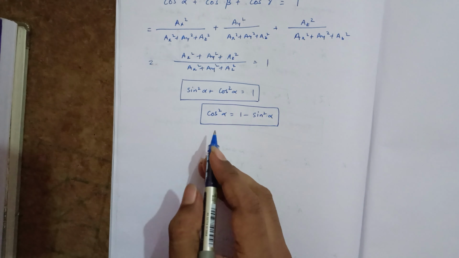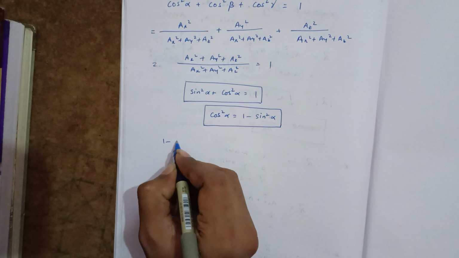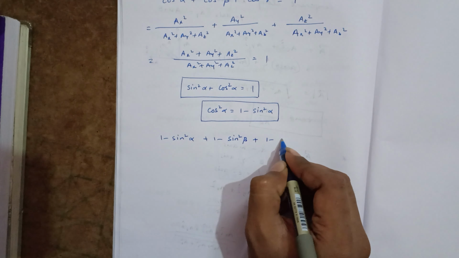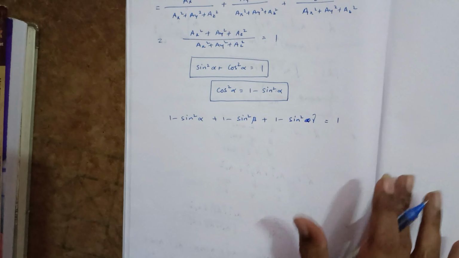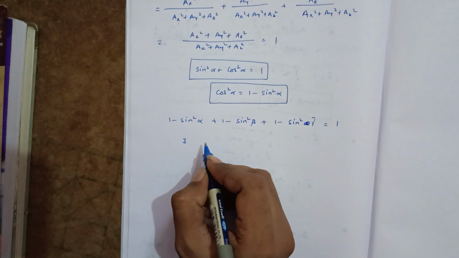You substitute there: 1 minus sin square alpha plus 1 minus sin square beta plus 1 minus sin square gamma equal to 1. 1 plus 1 plus 1 is 3.